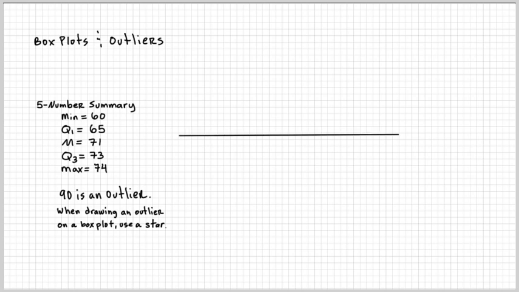Okay, so here I'm going to draw my number line. As you can see, I start at 60. You don't have to start at 0. Most teachers won't tell you to start at 0. When you're doing statistics problems, we're not starting at 0 in this case because the data tells us that we start at 60, and it seems like we had a data point all the way to 90.